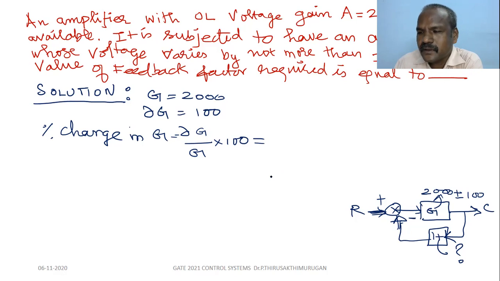No problem. So ∂G by G into 100 equals 5%.